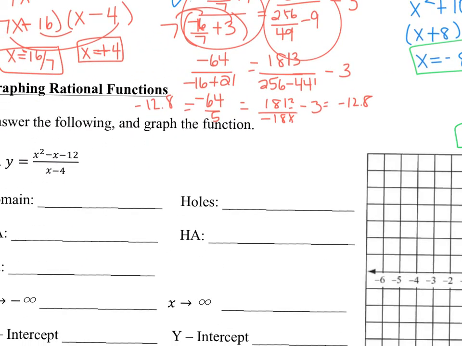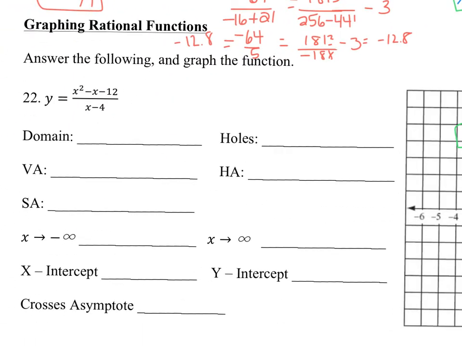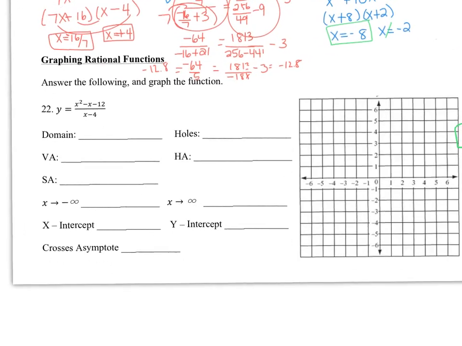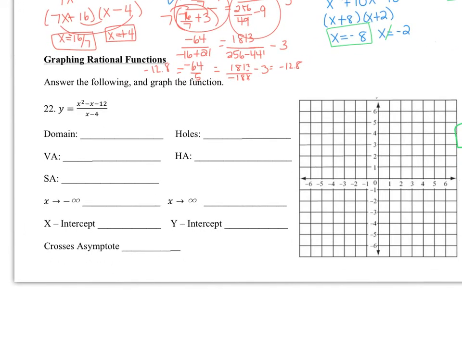So now let's go ahead and start graphing rational functions. Zoom out so we can see it all. So I'm going to go ahead and factor the numerator. Factors of the numerator are negative 4 and positive 3. So I have x plus 4 and x minus 3 all over x minus 4.